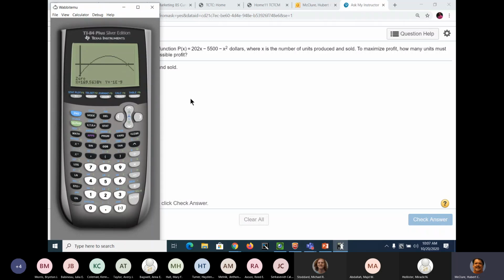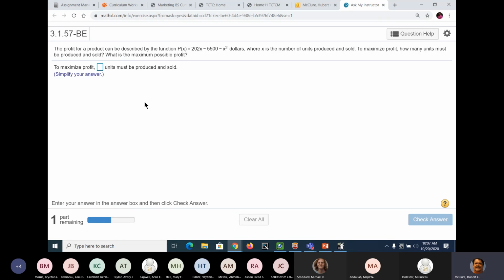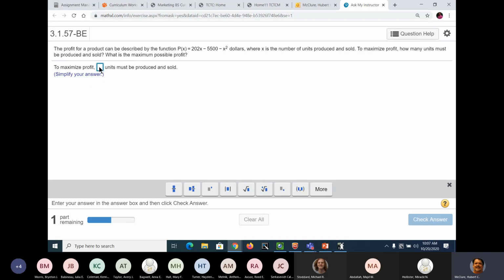Okay, now we've got three of the only things we can find. Okay, there it is. To maximize profit, units must be produced and sold. So the maximum is going to be 4701.